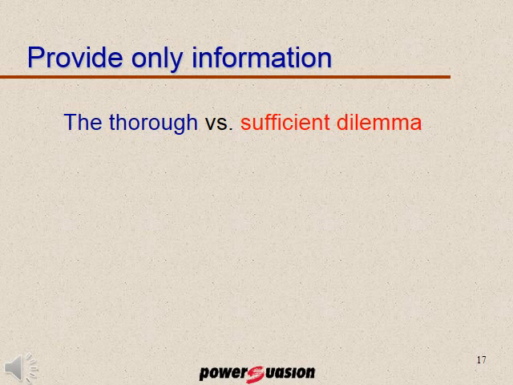I call this situation of trying to decide how much information to include a thorough versus sufficient dilemma. We can spend our time writing absolutely detailed and every possible piece of information into a document, but our reader will soon be overwhelmed or bored, and it's best if we keep it short.